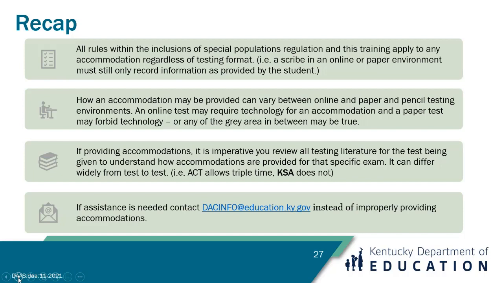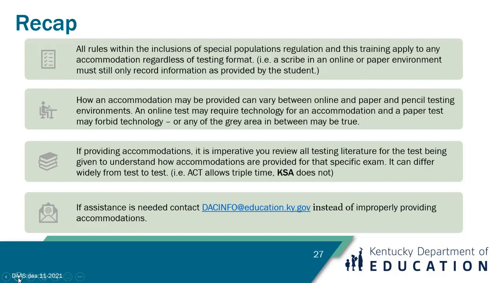A reader, whether reading from a computer screen or a paper booklet, still may only read what is written within the test. Because online and paper and pencil tests are interacted with differently, one, you manually bubble in items with a pencil, and the other you point and click with a mouse, for instance, how accommodations are provided can vary. While what an accommodation can provide does not change, how it is provided can.